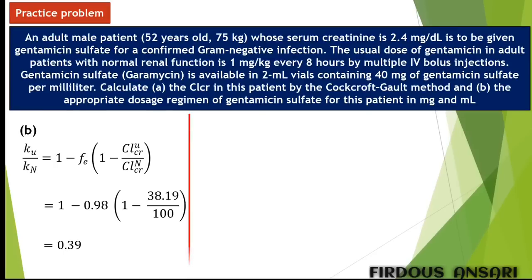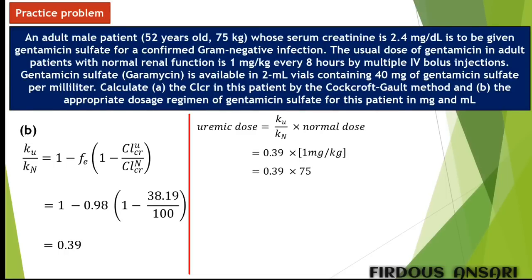Next, we need to find the dose. The uremic dose equals Ku upon Kn multiplied by the normal dose. We have Ku as 0.39, and the normal dose is 1 mg per kg. Our patient is 75 kg, so the normal dose for this person will be 75 mg.